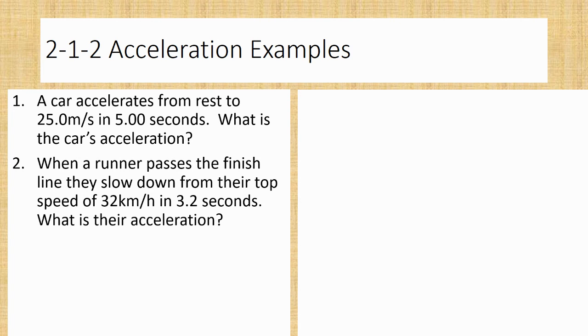Problem 2. When a runner passes the finish line, they slow down from their top speed of 32 kilometers per hour in 3.2 seconds. What is their acceleration? All right, so the runner is going to be starting at 32 kilometers per hour, and they're going to end at 0 meters per second.